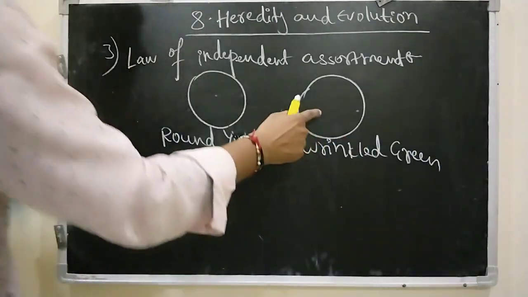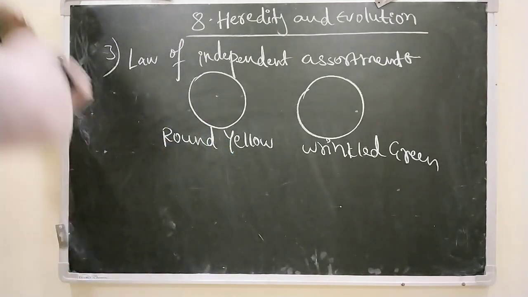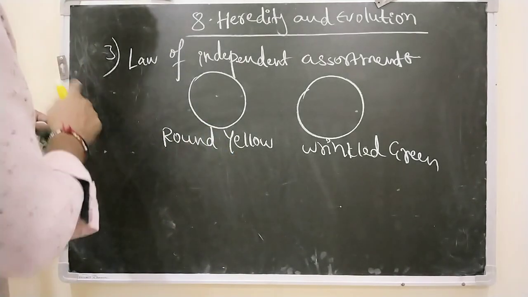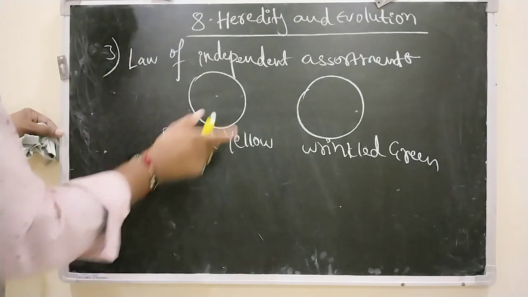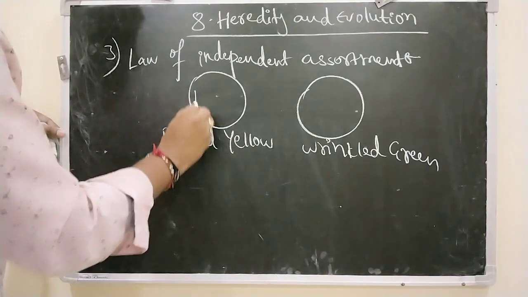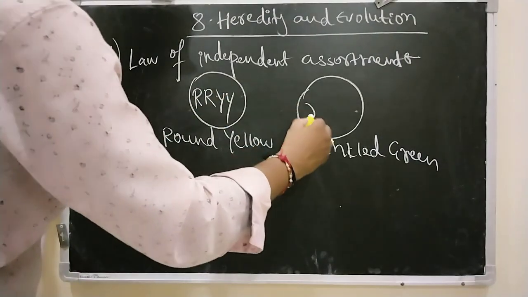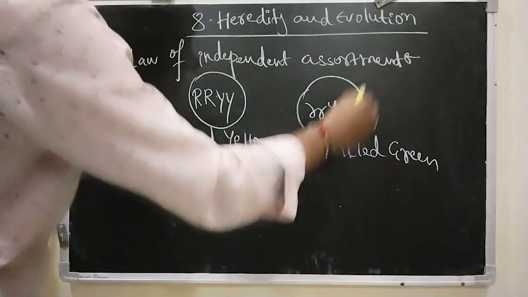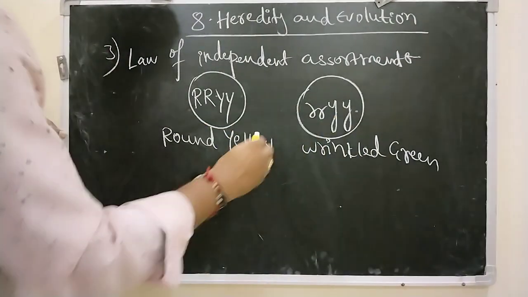So this is the plant producing wrinkled green seeds, and this is the plant producing round yellow seeds, right? So here, what about the alleles? So this is pure, means capital R, capital Y, small r, small y. Okay? So round yellow, wrinkled green.